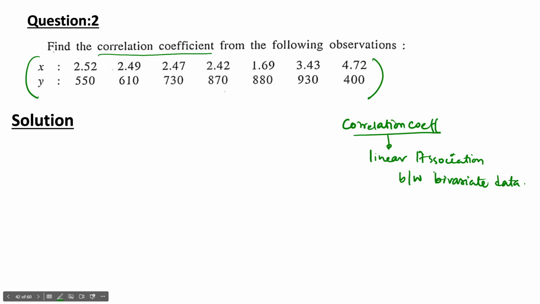Now you have to find how the two variables are dependent on each other. That is, the correlation coefficient can be between -1 and 1. The correlation coefficient varies between -1 and 1, which can be equal also, meaning r can be -1, r can be +1, r can be 0 also. When r equals 0, there is zero correlation. If you find r equal to 0 in any question or data, then you have to say that the data is not related by linear association.